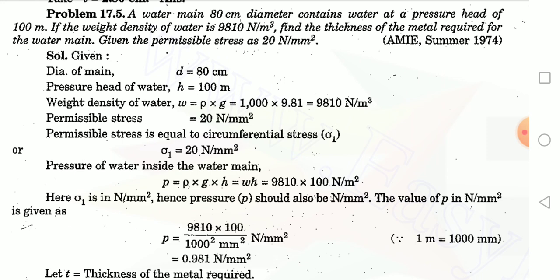If the weight density of water is 9810 Newton per meter cube, find the thickness of the metal required for the water main. Give the permissible stress as 20 Newton per mm squared. So in this problem, the diameter of the water main is 80 centimeter, that you have to convert into mm.